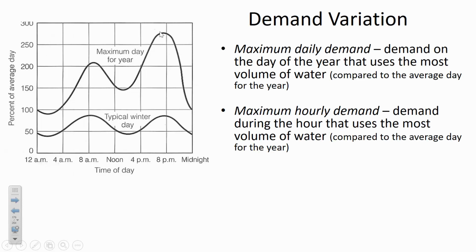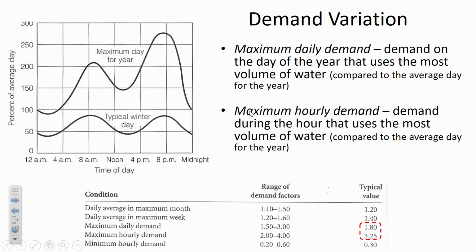So what you're going to be calculating is a couple of different demands. First of all, you want to consider what is the maximum daily demand that you could expect to see, and you're also going to calculate the maximum hourly demand. And there are some peaking factors that you should use to do that.